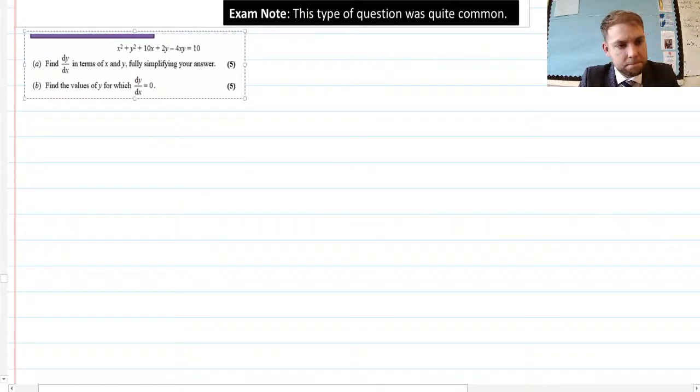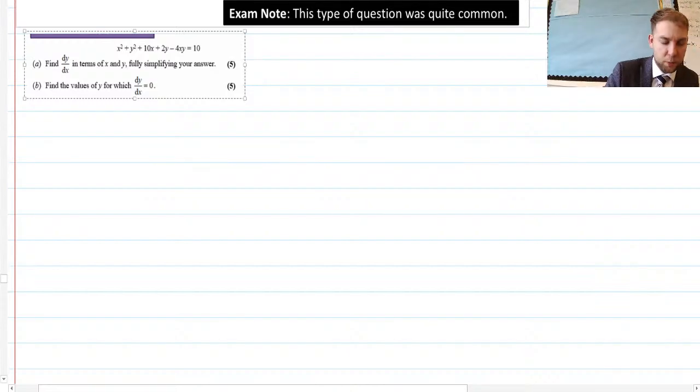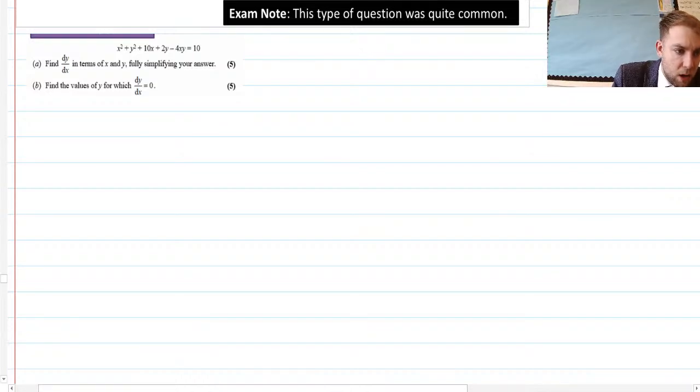So I'll start this off, but we will have to carry this on next lesson probably. Find dy by dx in terms of x and y, give your answer in a simplified form. So x squared plus y squared plus 10x.